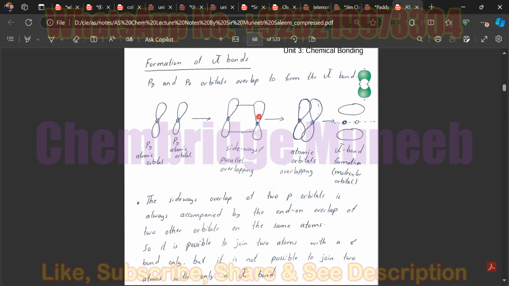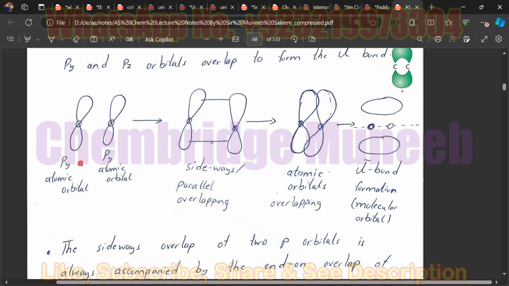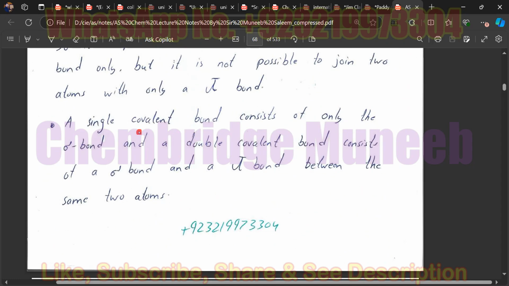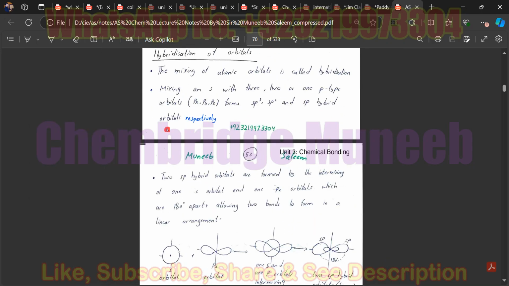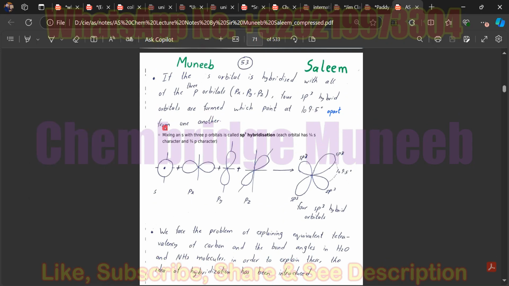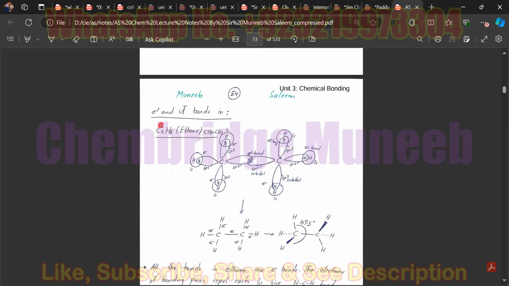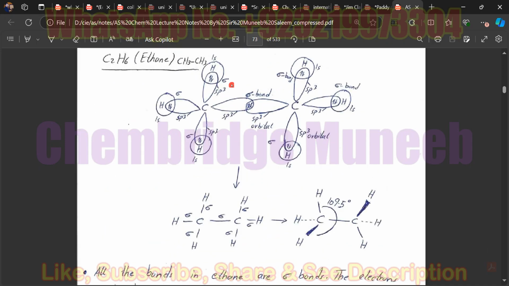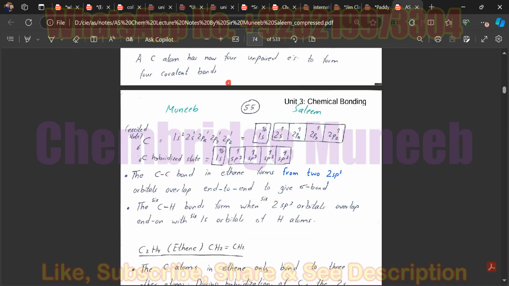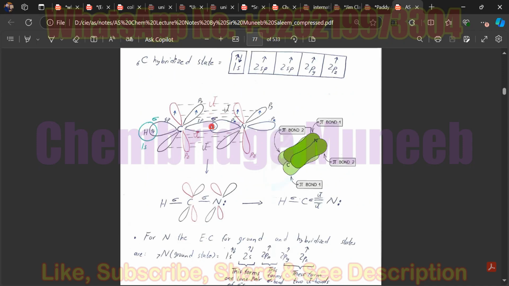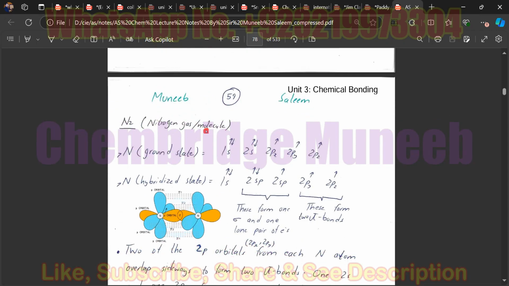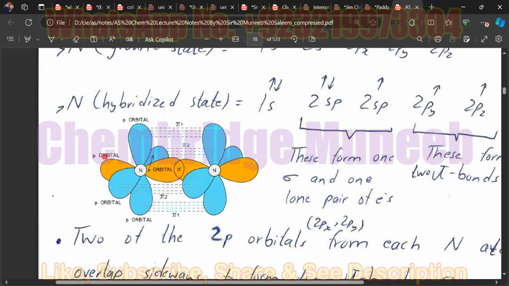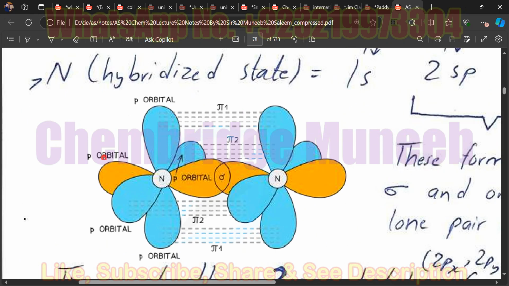I have to show you something more here. We said about the p atomic orbitals that they show this sideways overlapping like this. This is the example of the nitrogen molecule.